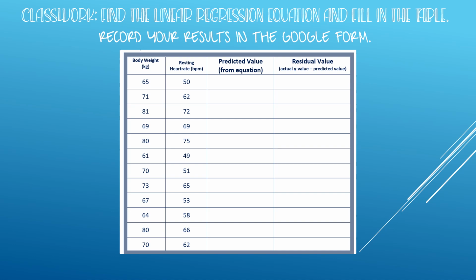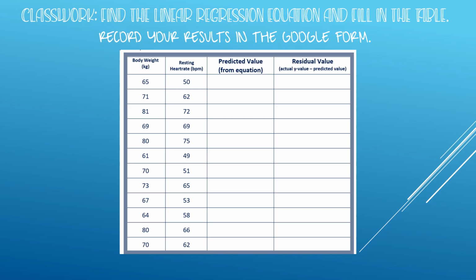You're going to be doing a Google form. I give you a data set. I also gave you a half sheet of paper that has this data. Look at the Google form while you are working through this. This will help you record your predicted values, which will indeed help you calculate your residuals.